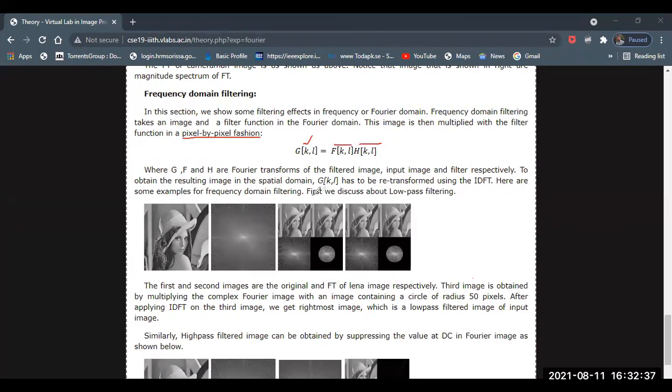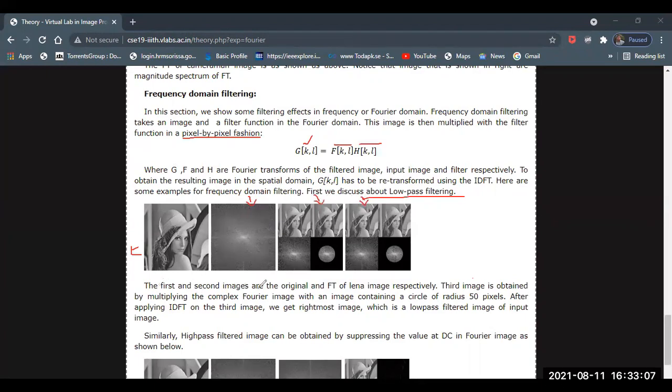So let us first discuss what you understand by a low pass filter. This is my original image, and this is actually its frequency domain. Then I apply the low pass filter, so this is the image obtained by using the low pass filter, and this is the second image where we use another type of filter.